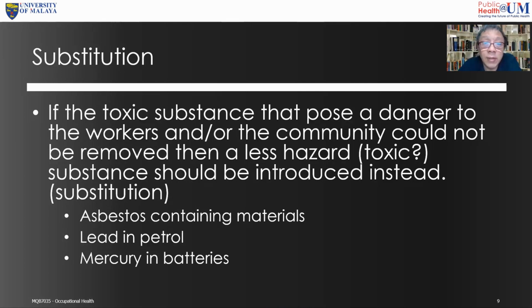So we're replacing them with light-emitting diodes. All right. So LED lamp. So that's what we call substitution, because we cannot remove the use of the battery, so we need to replace it with another material. So we cannot eliminate the process itself.